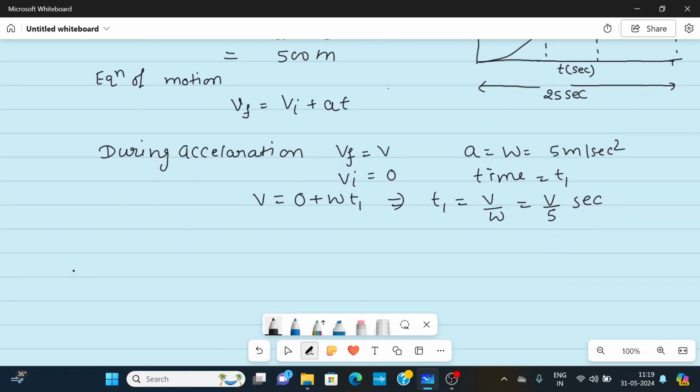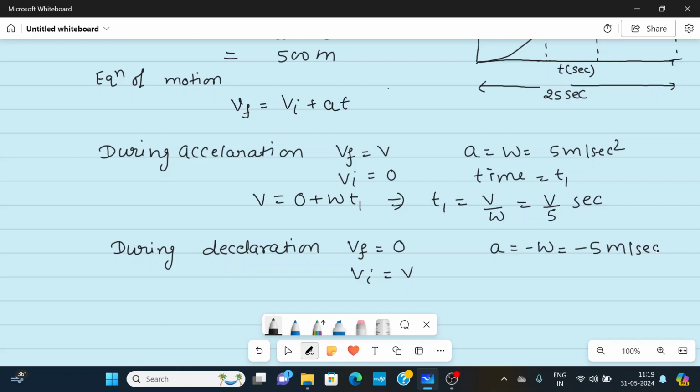Also during deceleration, final velocity of car is 0, initial velocity of car is v. Here acceleration is equal to minus w because car is decelerating here. So this is minus 5 meter per second square, and time during deceleration is t2.